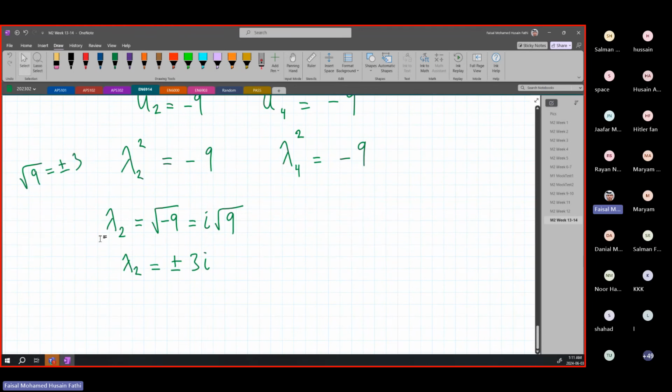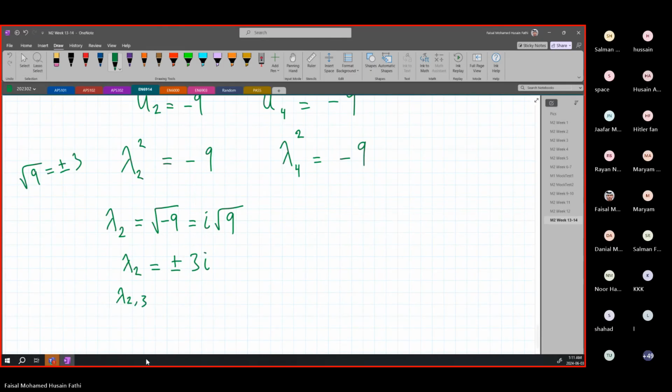Okay? So now if you notice, we have technically two solutions. We have lambda 2, 3 technically, right? Because here we have lambda 2 is plus 3i and lambda 3 is minus 3i.